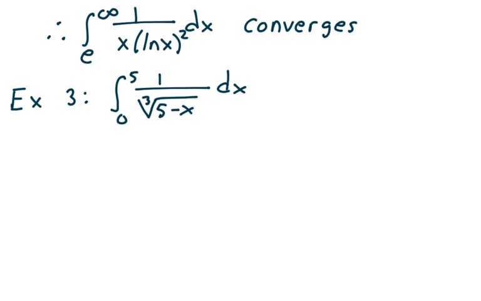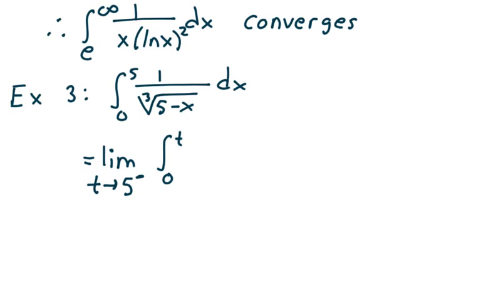Now, there's a discontinuity at 5. So we're going to take the limit as t goes to 5 from the left, because we're going from 0 to 5, of the integral from 0 to t of 1 over the cube root of 5 minus x dx.